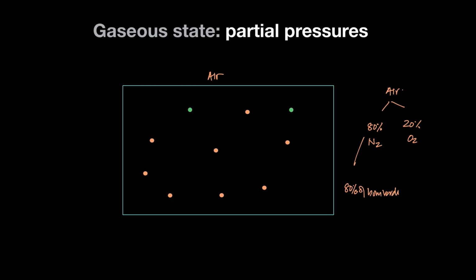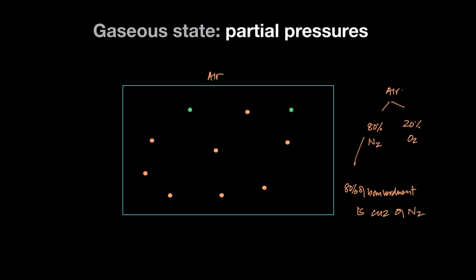So 80% of bombardment is because of nitrogen, and 20% of bombardment is because of oxygen. So 80% of all bombardment is because of nitrogen and 20% is because of oxygen.